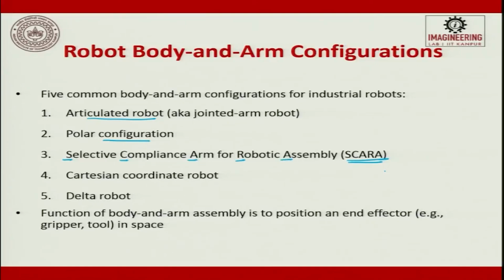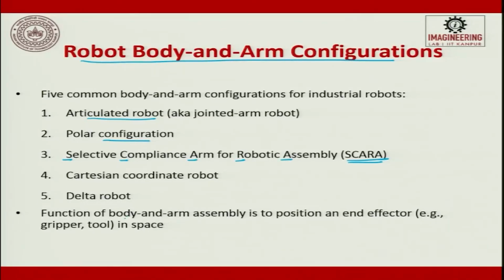A very commonly used robo for pick and place is SCARA robo. This is very important. This is the acronym, you are supposed to remember this: selective compliance arm for robotic assembly. Then Cartesian coordinate robo, and then you will have delta robo. So, these are the 5 robo body and arm configurations which are commonly available.